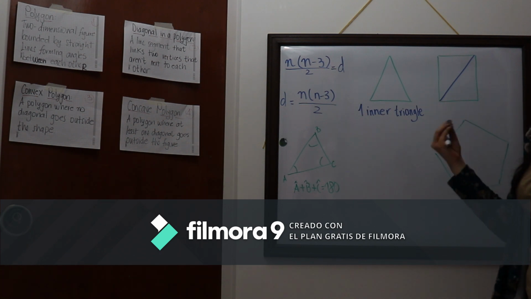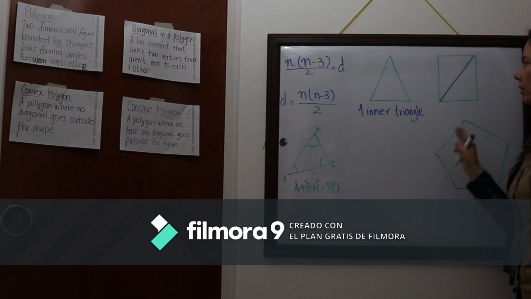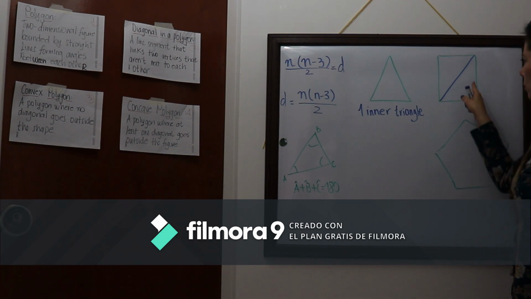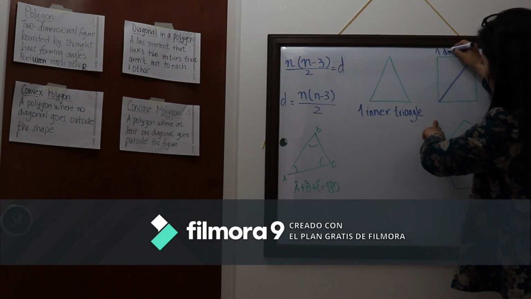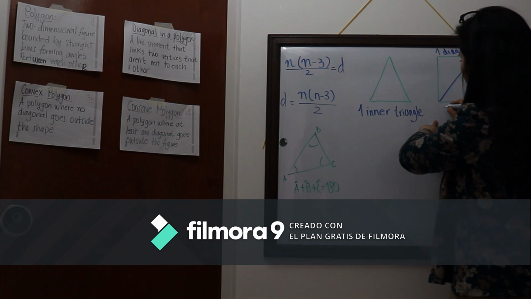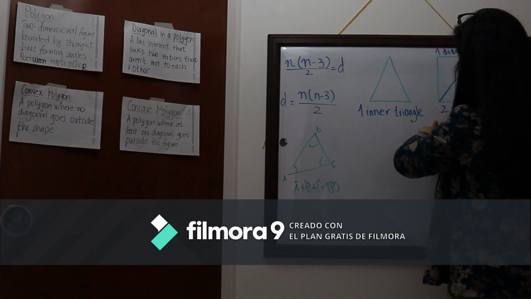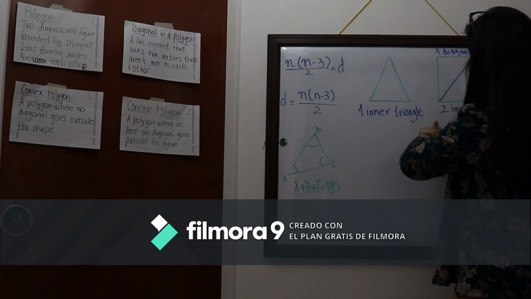We don't need to have smaller triangles. That's not the point. The point is just to have triangles in the polygon. So one diagonal is enough. So one diagonal gets me what? Two inner triangles. Inner means inside, right? Okay.